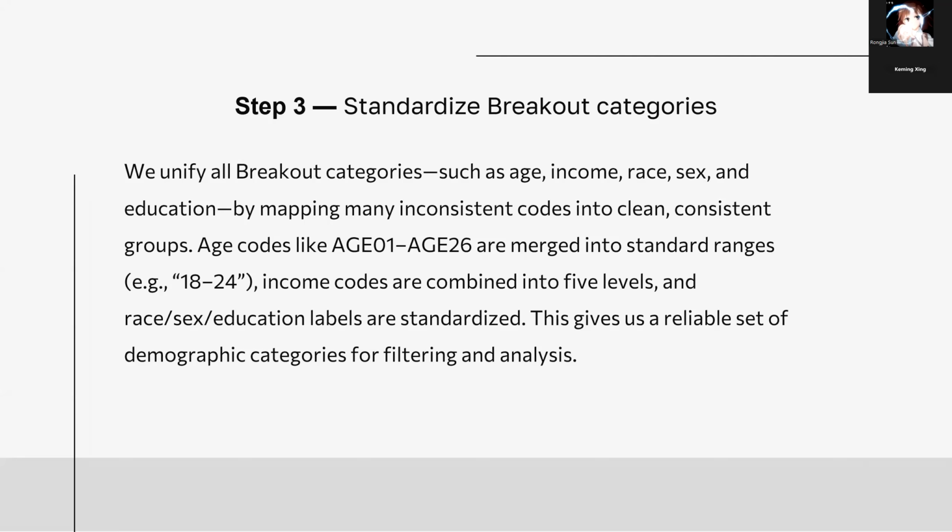We merged them into five income levels and unified race, sex, and education labels. If a breakout ID did not match any known mapping, we kept the original text. This step gave us reliable demographic categories for filtering and visualization, which lets us filter by the category in the code.